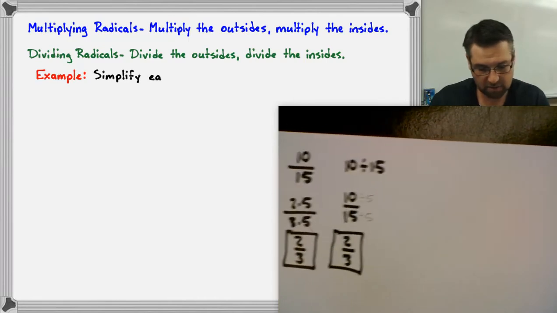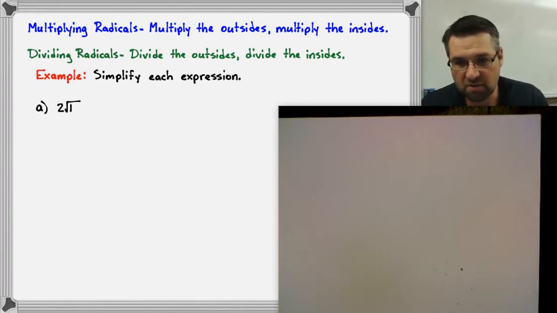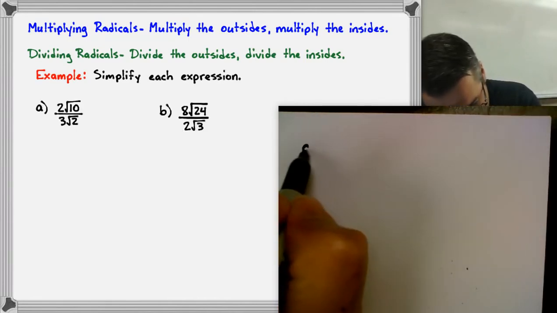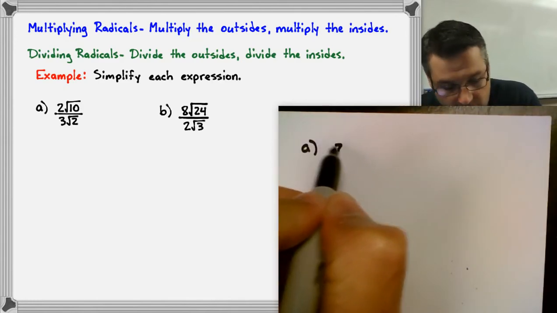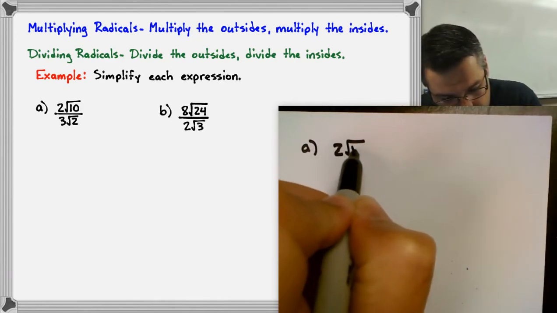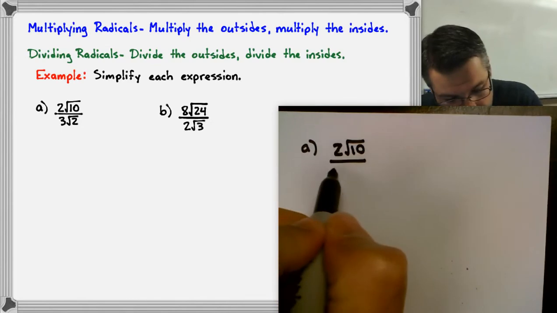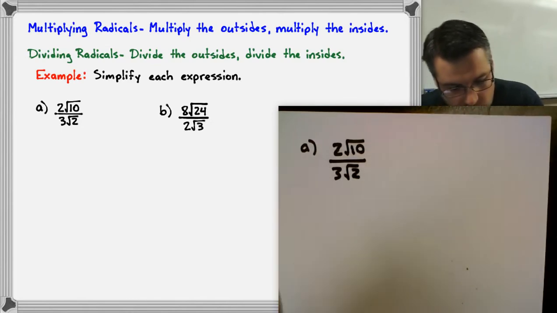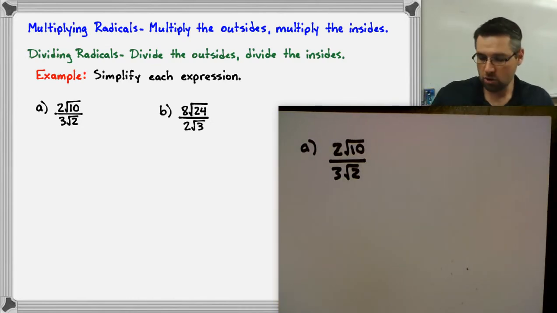So here's an example of this. We're going to simplify each of these expressions. For A, we have 2 radical 10 over 3 radical 2. Notice what it says here. We are going to divide the outside numbers with the outside numbers and the inside numbers with the inside numbers.